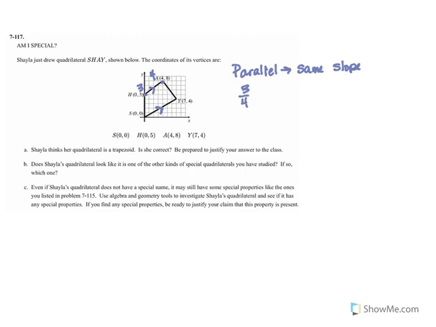So we're going to have 3/4. And from S to Y, our rise is 1, 2, 3, 4, and our run is 1, 2, 3, 4, 5, 6, 7. So our rise is 4 and our run is 7. Those are the simplified versions, so that means they are not parallel lines because they are not the same slope. So not a trapezoid.